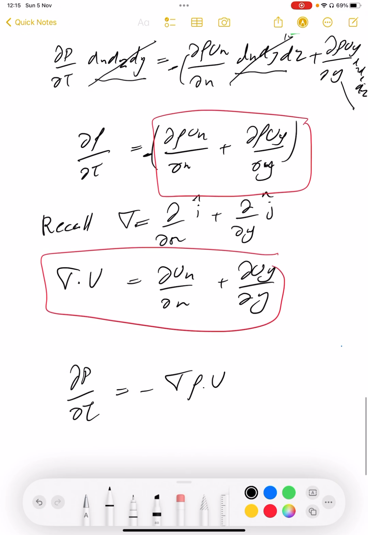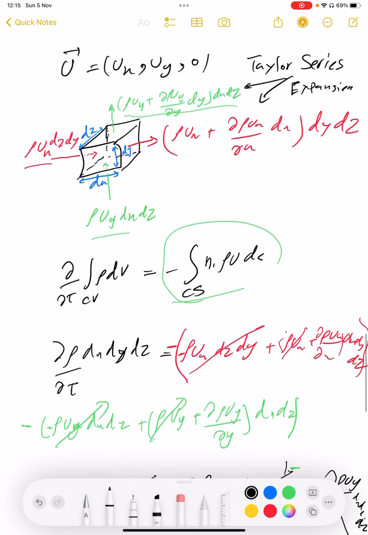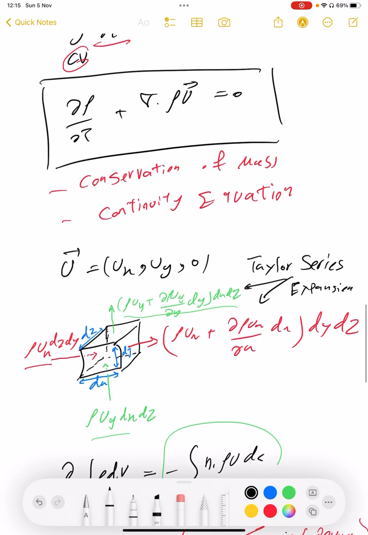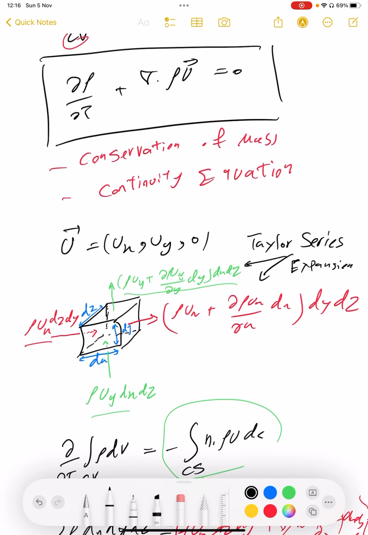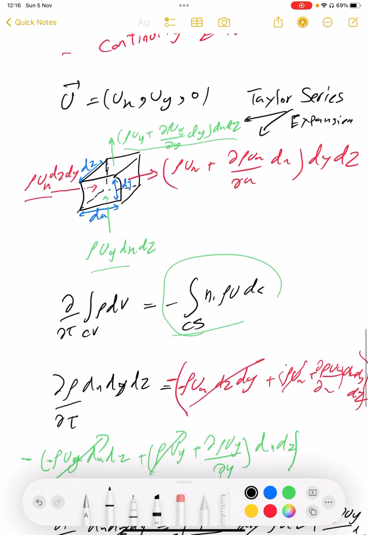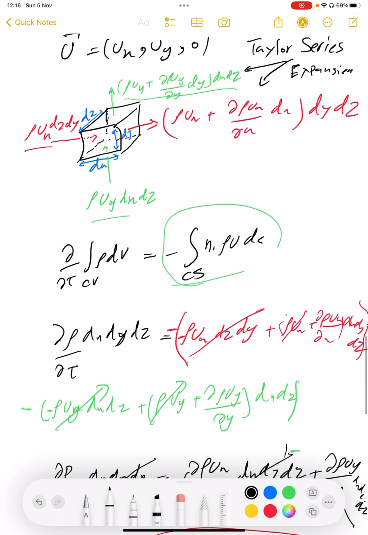So let's see what happens here. I started with the conservation of mass, which was the integration over the control volume of the mass inside the control volume, and it was showing that if there's a change inside the mass of the control volume, it's actually due to the amount of fluid coming through the control surface.